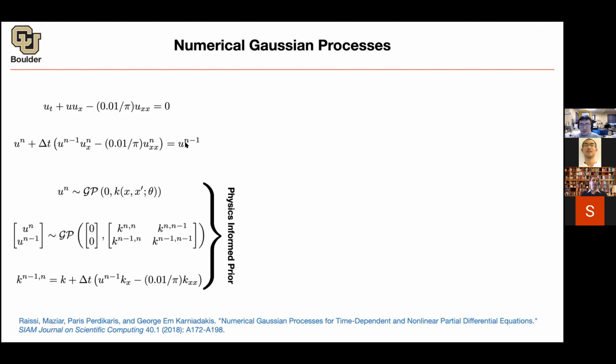Any random samples that you generate are going to satisfy your physics, or at least your physics in addition to your discretization scheme. And the main observation here is that the derivative of a Gaussian process is a Gaussian process. And that's what we are building on. The derivative of a Gaussian process is a Gaussian process with a different kernel, but it is still a Gaussian process.